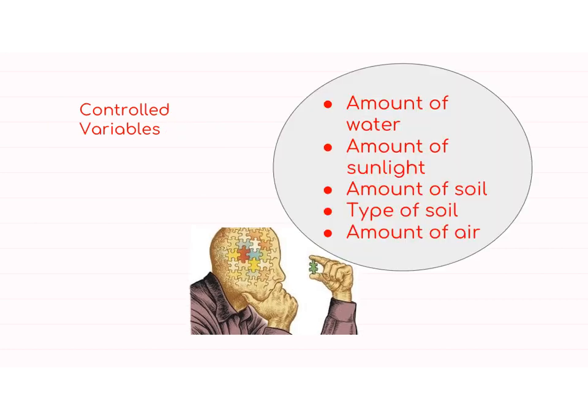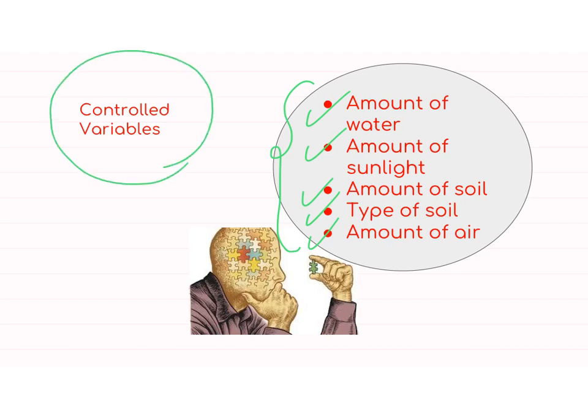So the factors that affect the growth of the plant are the amount of water, the amount of sunlight received, the amount of soil, the type of soil used, and the amount of air. So if Rami is testing the effect of changing the amount of fertilizers on the growth of the plant, he must keep all these factors constant, or he should not change these factors at all. For this reason, we will name them controlled variables.